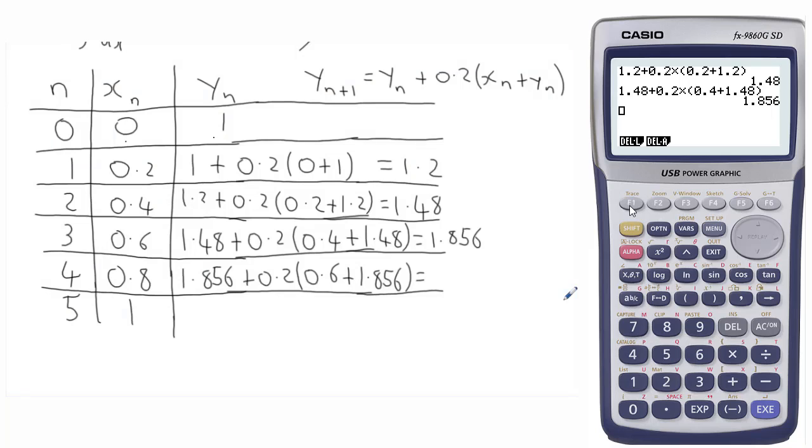I think there are ways you can build the iteration, but for so few steps, I really don't see the value in it. So I'm going to do Ans plus 0.2 times 0.6 plus Ans. And that gives me 2.3472.